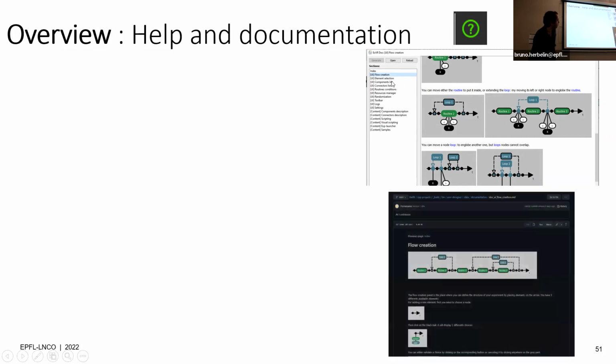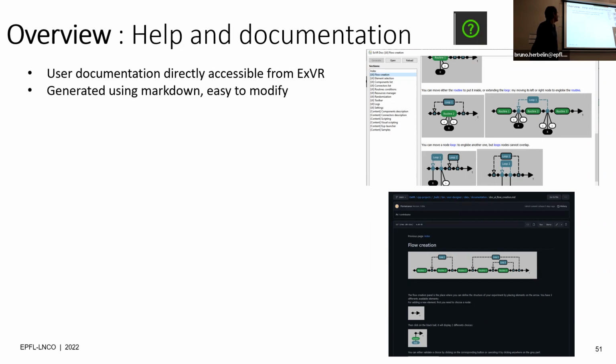The nice thing is that it is the same using GitHub, because GitHub can display markdown. So in fact it shares the documentation, meaning if I modify it, it will modify also online. It's a way to not duplicate stuff. You can modify it directly from ExVR. It's useful for me because the documentation is not paid.